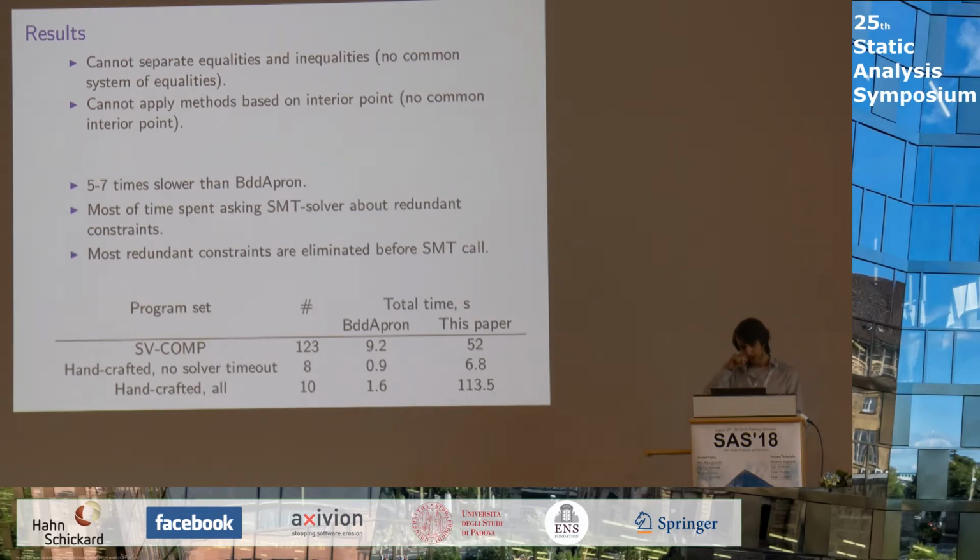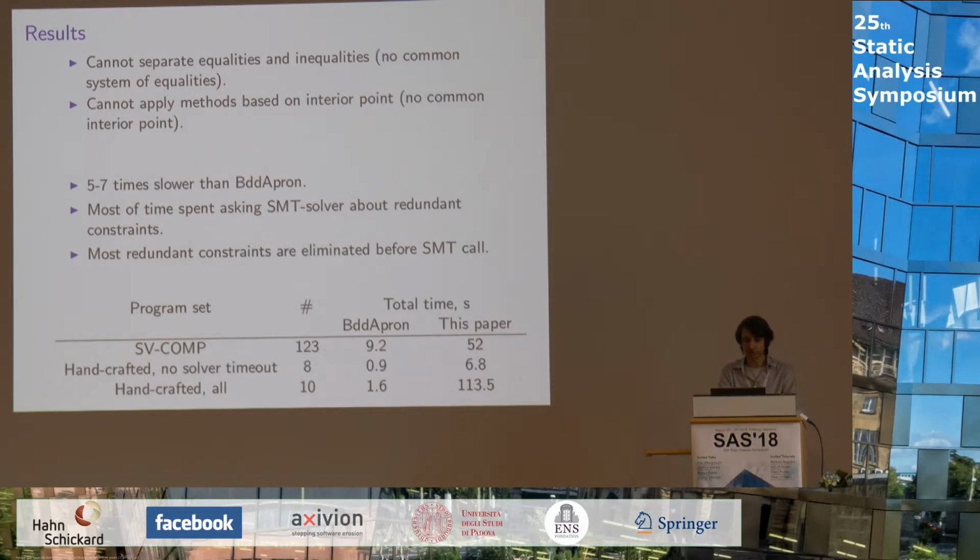Outside of that, you cannot have a canonical representation of polyhedra, because between different relations of Booleans there is no common system of equalities. So that's unfortunate.